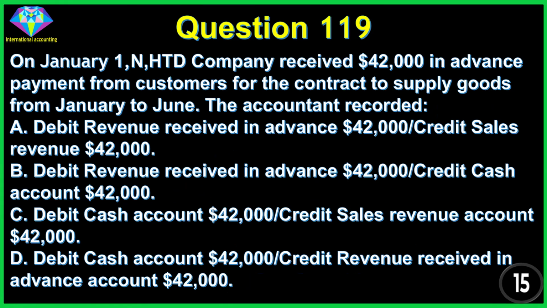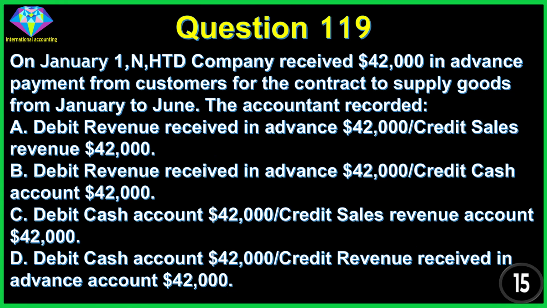On January 1, NHTD Company received $42,000 in advance payment from customers for the contract to supply goods from January to June. The accountant recorded A. Debit revenue received in advance $42,000 per credit sales revenue $42,000. B. Debit revenue received in advance $42,000 per credit cash account $42,000. C. Debit cash account $42,000 per credit sales revenue account $42,000.